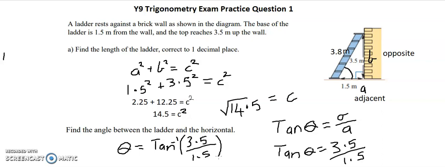And this is where we do need the calculator for some of the things in maths. But that does give us the angle of 66.8. So 66.8 degrees. And that is our angle.